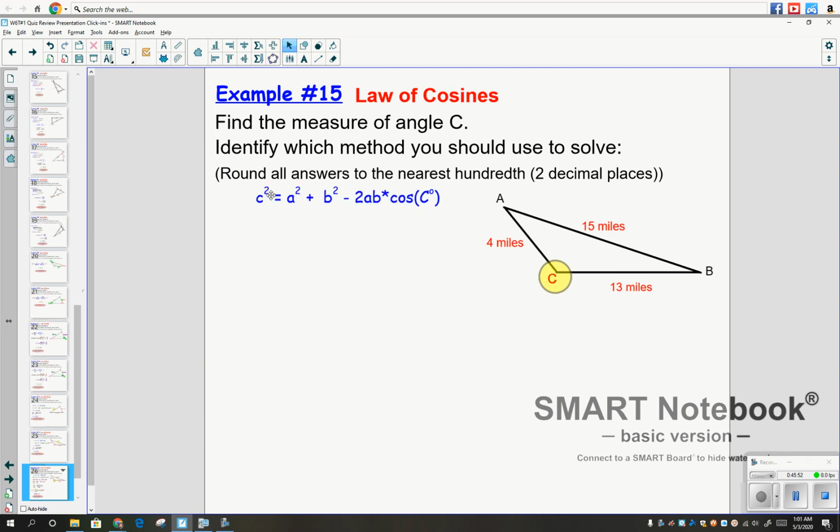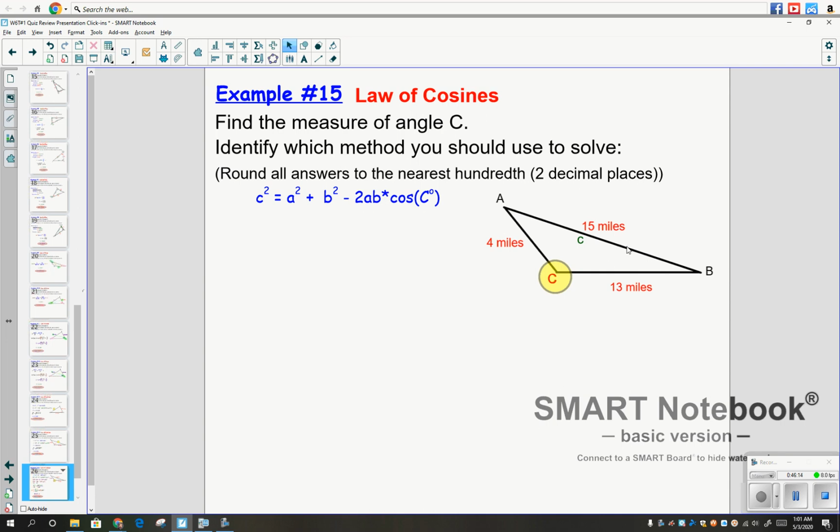So I have to use the one where C squared is by itself because that's the only formula that has angle C in it. The other ones deal with angle A and angle B. Well, what's important to me is which side then is side C? Well, it's the side that's across from angle C, which is 15. Now, A and B could be interchanged. They really don't matter.